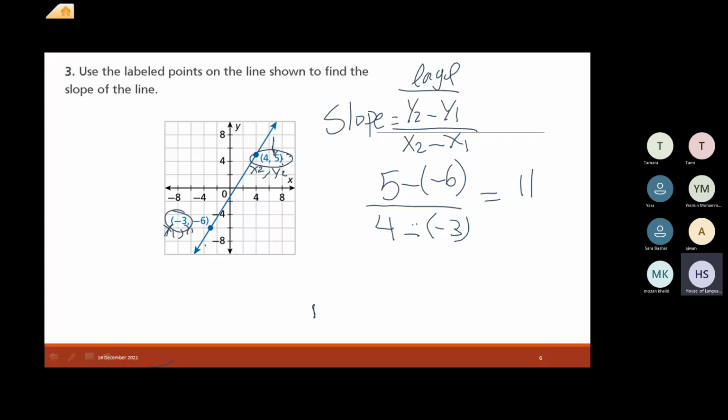When I was at school, they taught us that negative times negative is positive. So 4 minus negative 3, or 4 plus 3, comes to 7. So Layal found that the slope is 11 over 7.